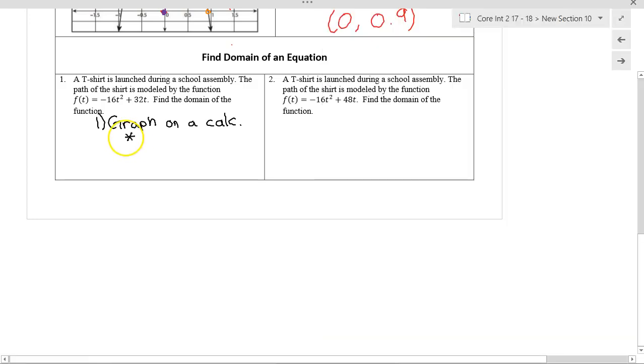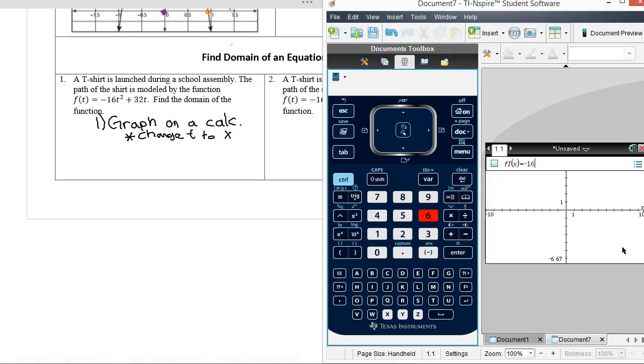So I'm going to change t to x. Okay, so this is another time where our calculators are stupid. They don't understand the variable t. They only understand the variable x. Okay. So -16x squared plus 32x.